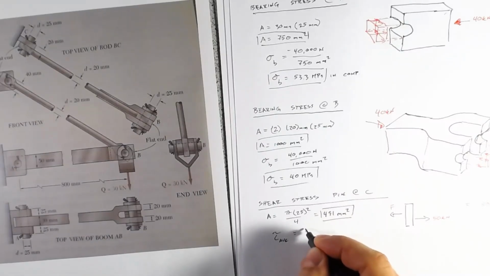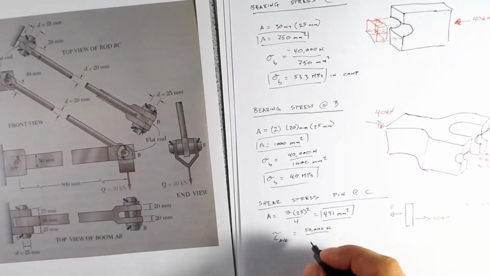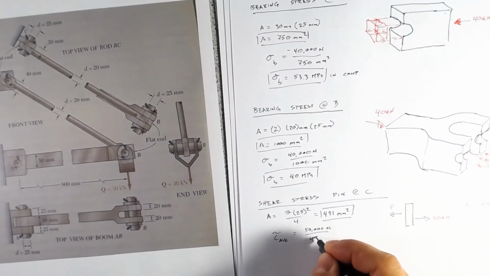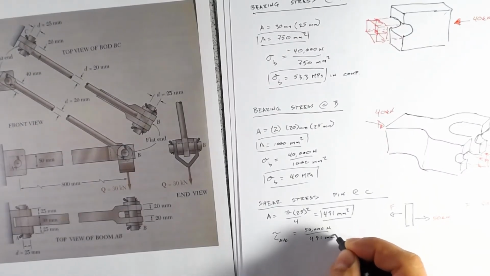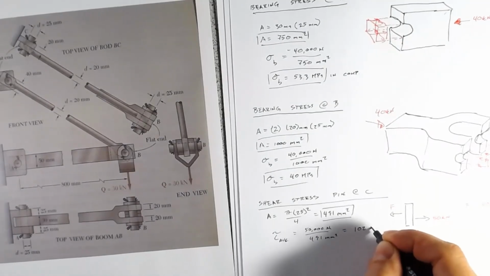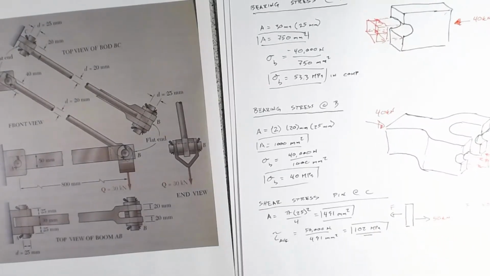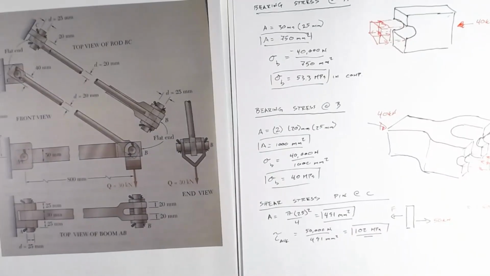So that equals 50,000 newtons divided by 491 millimeters squared, and we get 102 megapascals. All right, so that's one pin down. We have 2 more to go.